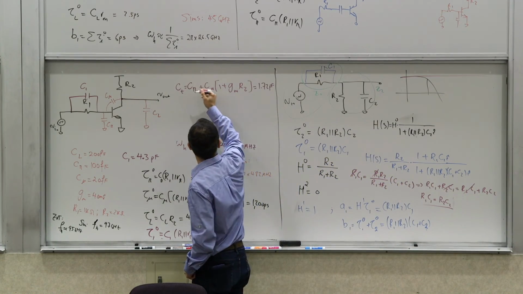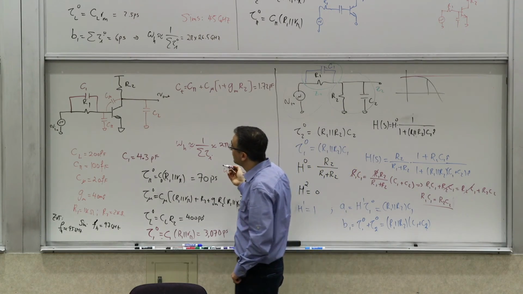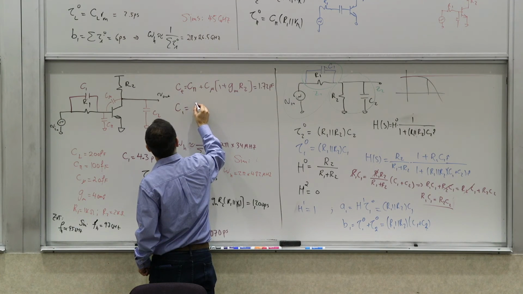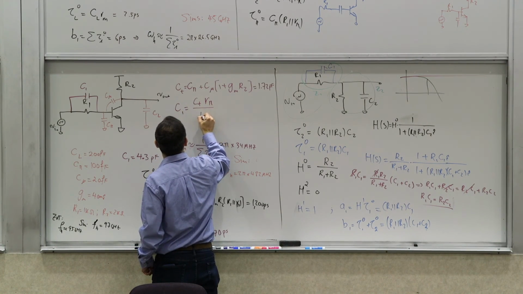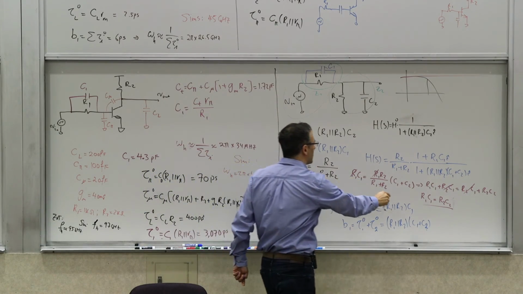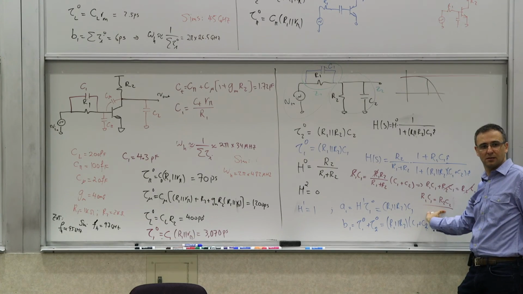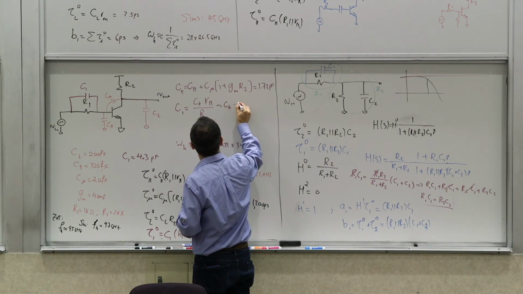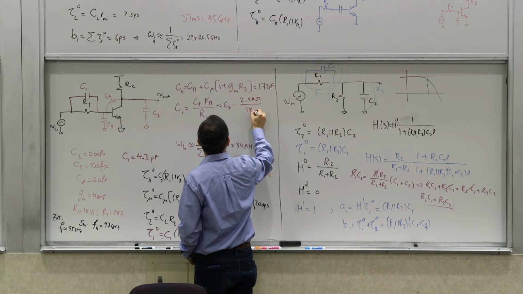So that's essentially my C2 here. What I'm trying to enforce is that C1 is going to be CT times R pi divided by R1, because I'm trying to enforce this relationship. If you do that calculation, you get CT times R pi, which is 2.5 kilo ohms, divided by 1 kilo ohm, and that would be 4.3 picofarads.